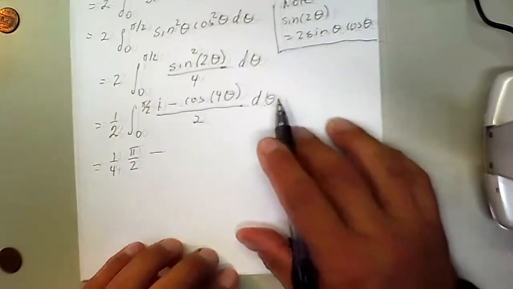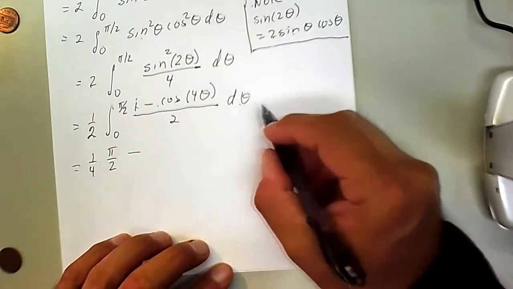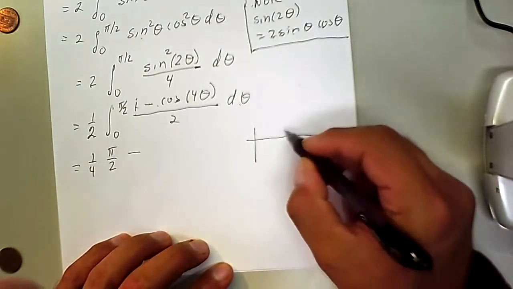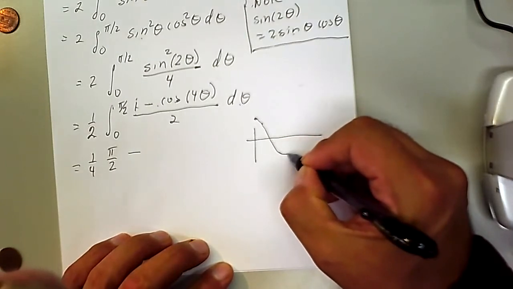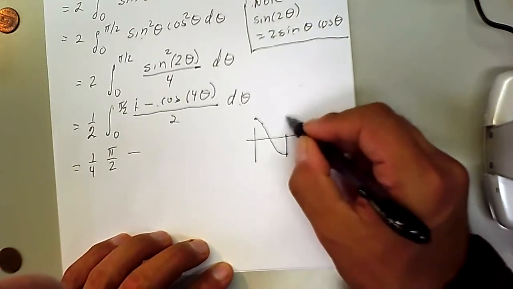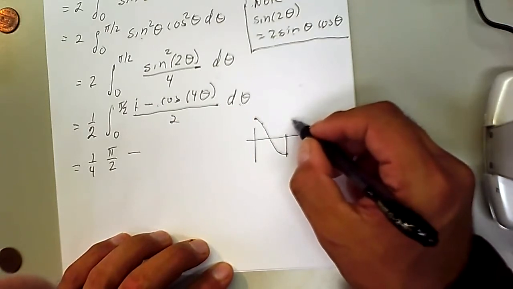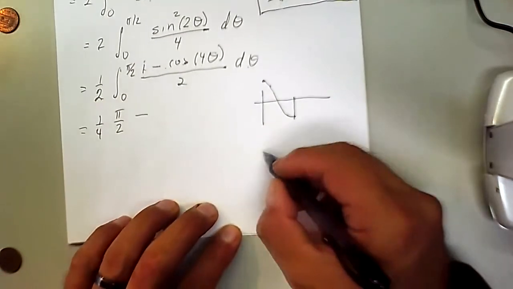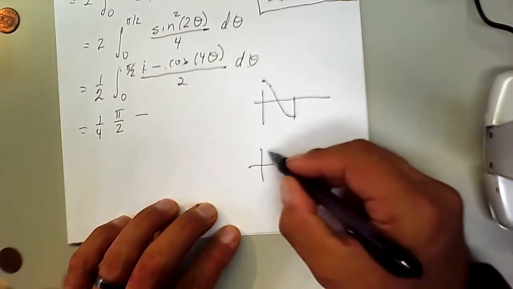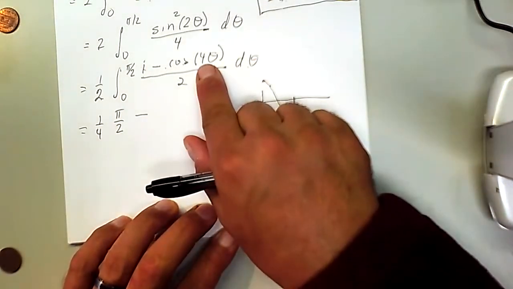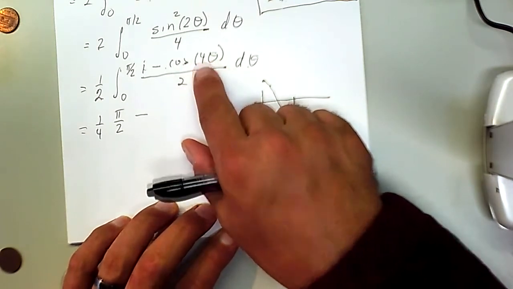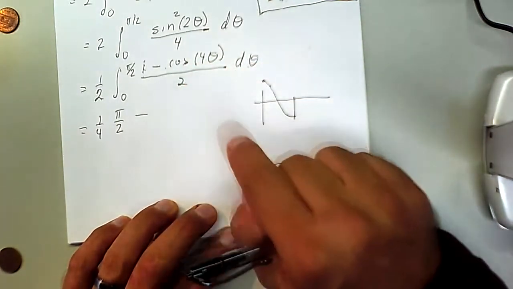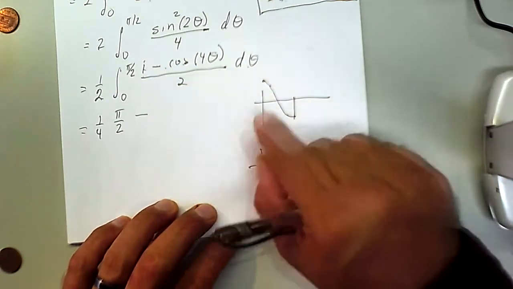Minus, okay, cosine of 4 theta from 0 to pi over 2. This is the graph. Let me double check. That's easy to double check. So the 4 in the input of the cosine means that we're going to increase the frequency from one wave per 2 pi to 4 waves.